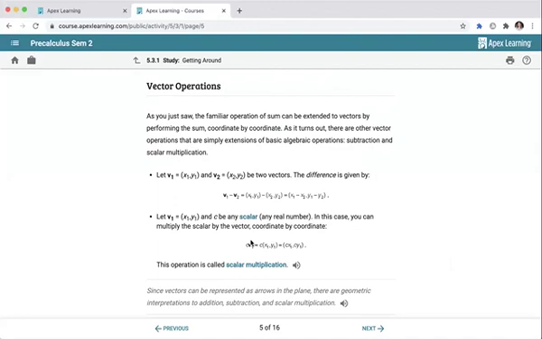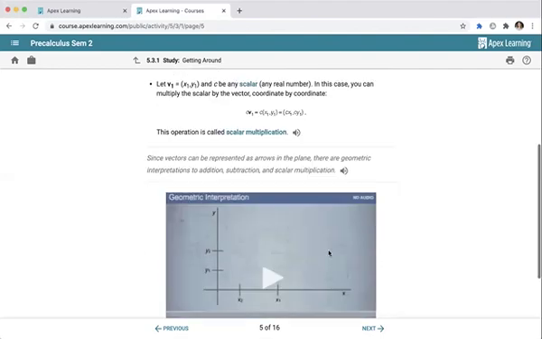This is called scalar multiplication because we're multiplying everything by a factor in order to scale something up or down. We can scale something down as well if we multiply by something less than 1.